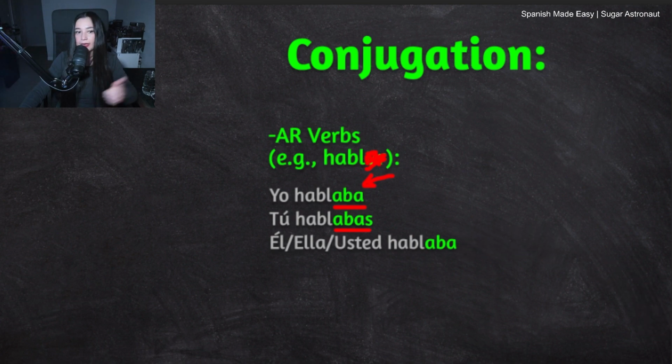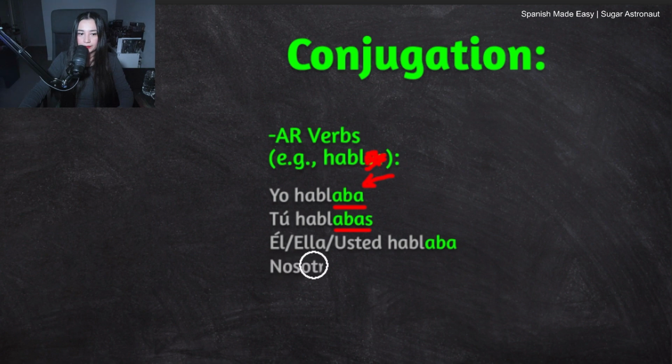Él hablaba, ella hablaba, or usted hablaba, and that means he was speaking, she was speaking, or you, formal, were speaking. Okay, formal and singular. Él hablaba, ella hablaba, usted hablaba.